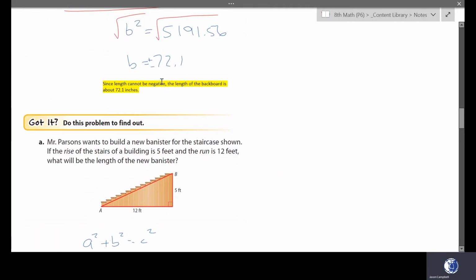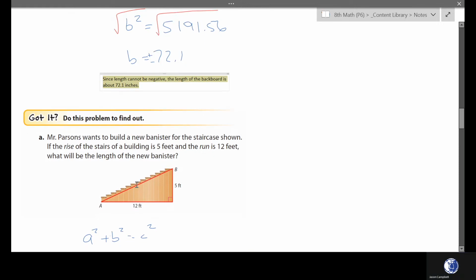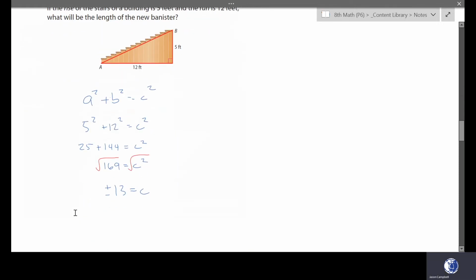Let's copy our sentence from before. Since length cannot be negative, the length of the banister is about 13 feet.